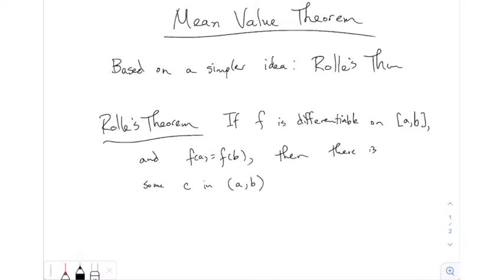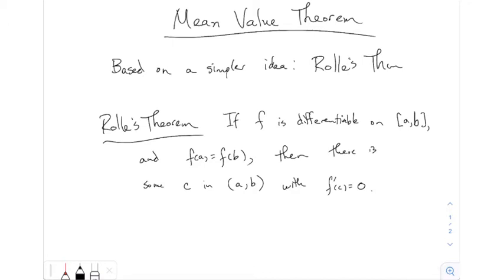So I'm just saying c is also in the domain, but it's not on the ends. It's on the inside somewhere, not on the endpoints. There's some c in the open interval a to b with f prime of c equals 0. The derivative at c is 0. All right? This is Rolle's theorem in words.